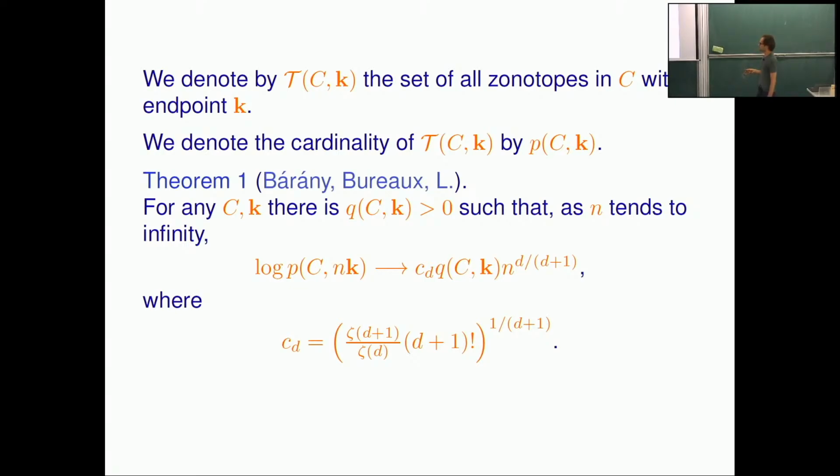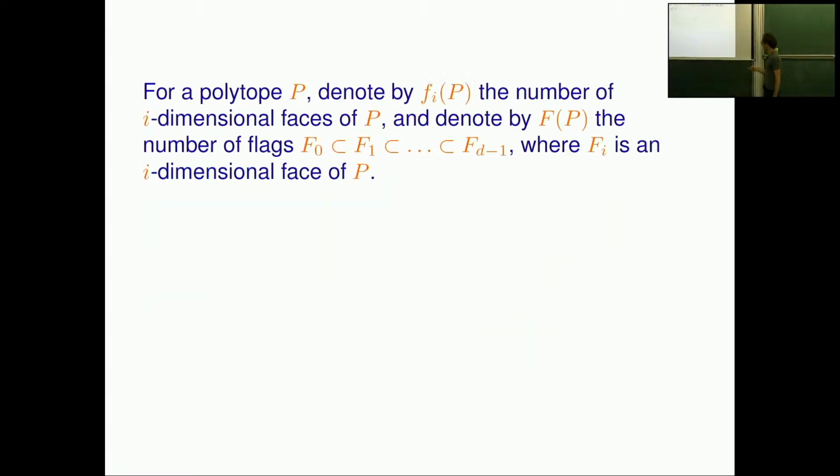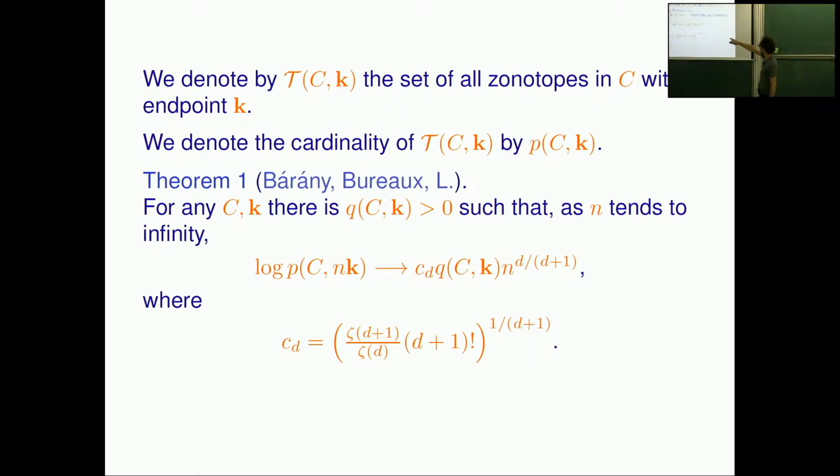N. The first theorem in our paper is that for any cone and endpoint, there's this quantity that depends only on that cone C and endpoint K, and I'll discuss its geometric meaning a bit later, such that as n tends to infinity, the log of the number of zonotopes in C with endpoint n times K tends to some constant that depends on the dimension, times a constant that depends on the cone and the endpoint, times n to the d over d plus 1.